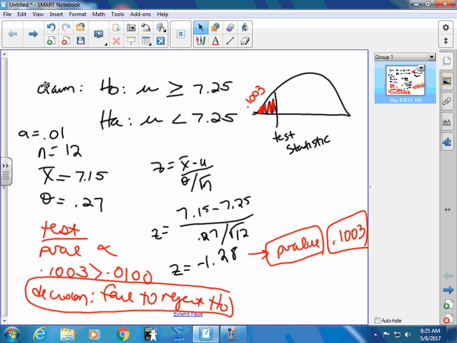There is not enough evidence at a level of significance of 0.01 to reject the claim that the men's hat size is at least 7.25. The average hat size is at least 7.25. I have to write that whole statement out. So I'm going to write it up here.